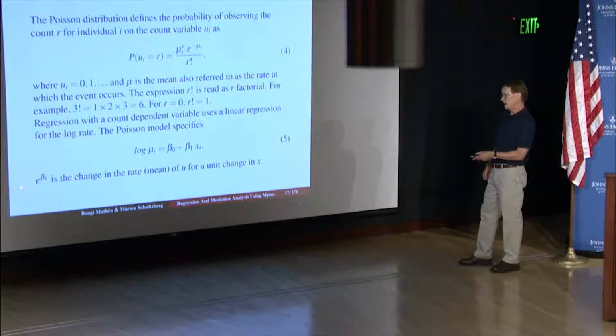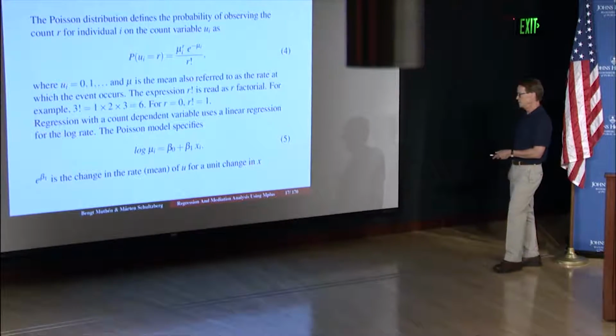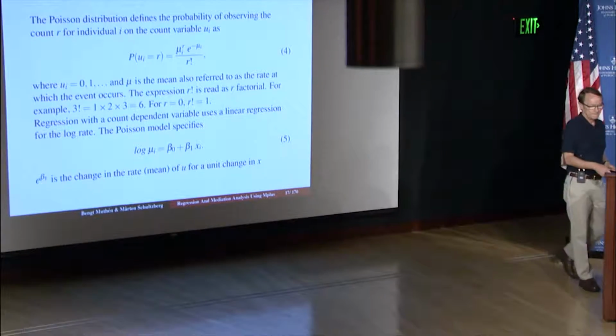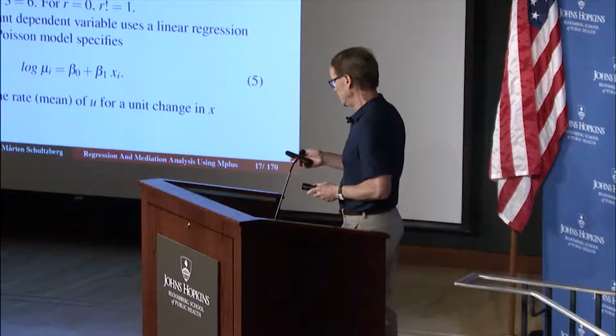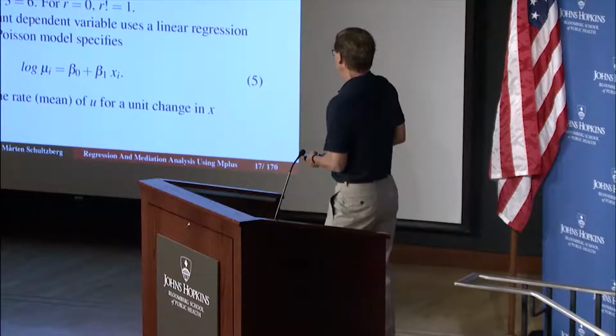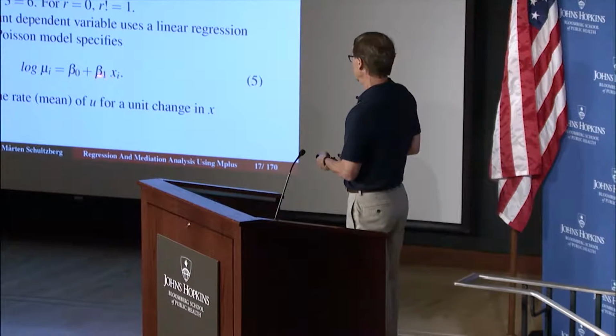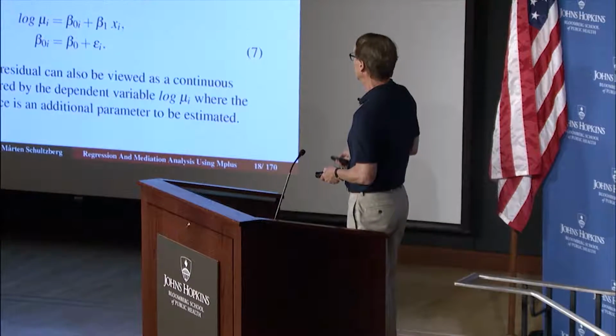And then, given that that's log of mu, if you take e to the power of that, it becomes mu. And on the right-hand side, we have e to the power of beta 1, which is the change in the rate, the mean mu, for a unit change in x. So that's one way of interpreting the coefficient. But you could just go with sign and significance for beta 1 to understand things.